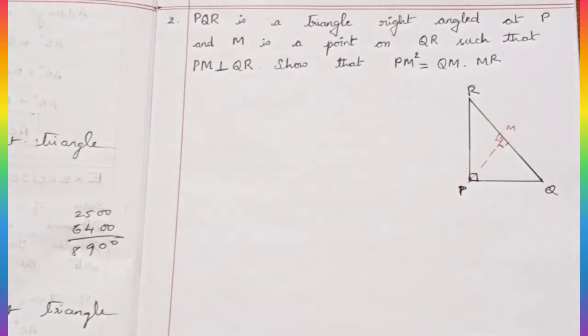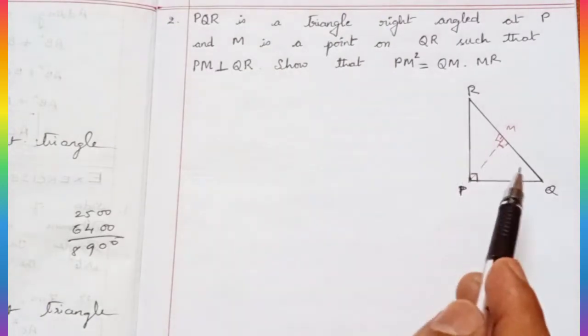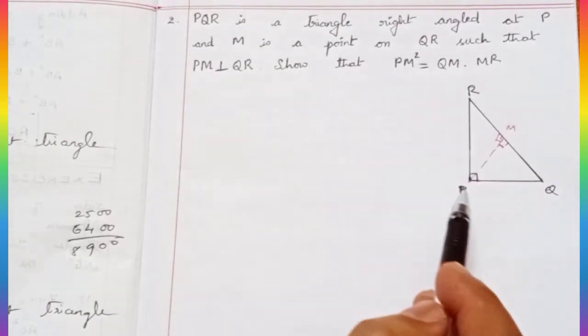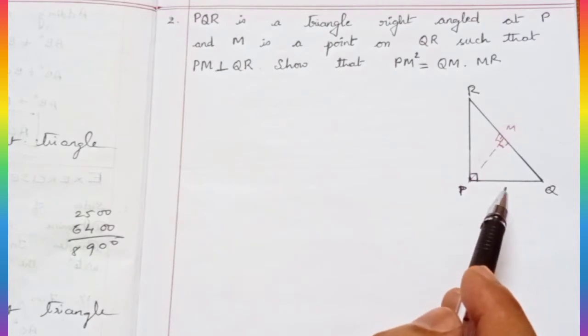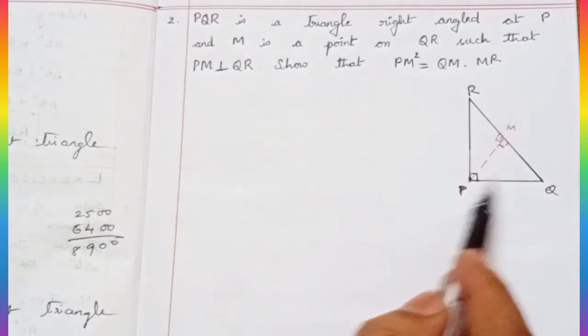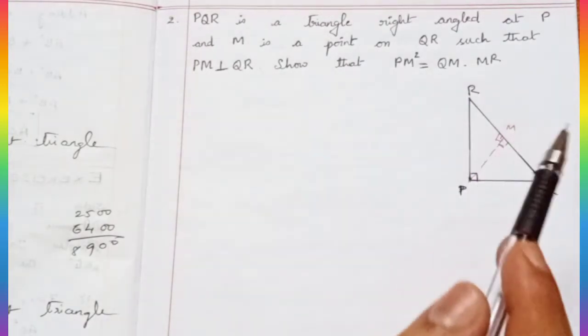A simple problem. If you carefully observe the figure here, how many triangles are there? In the beginning there was one right angle triangle PQR. Now there are three right angle triangles. The first one is already PQR. The second one is PMR. The last one is PQM.